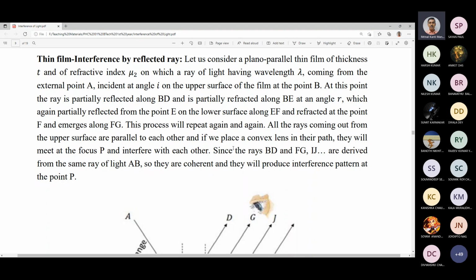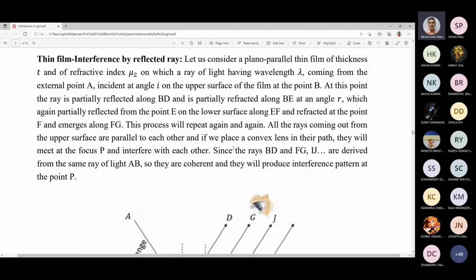If we use a narrow source, then the amplitude of the two beams will be considerably small and beyond detectable. So this is the difficulty in observing the interference pattern. That is why in case of division of amplitude, we always need an extended light source.